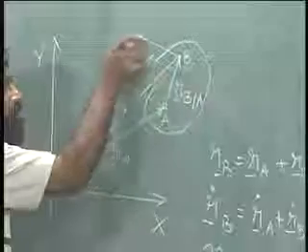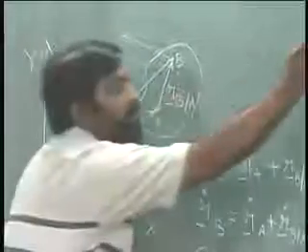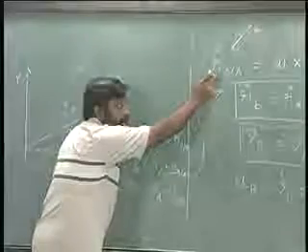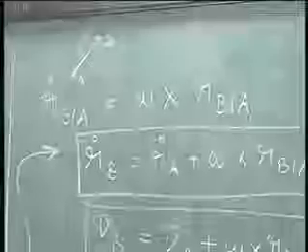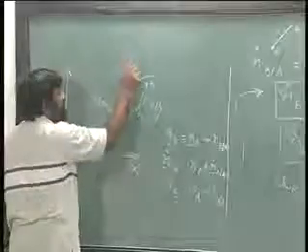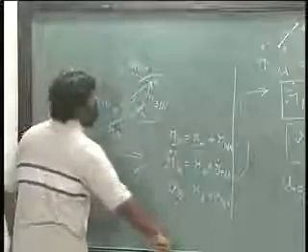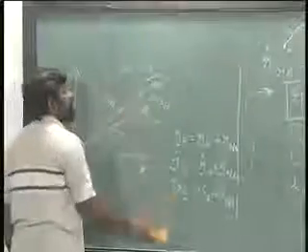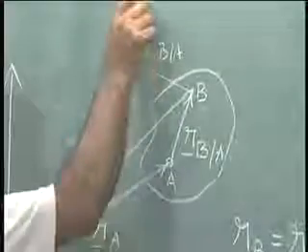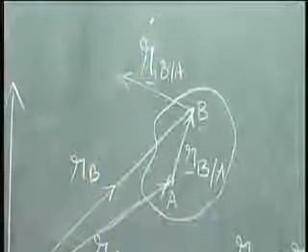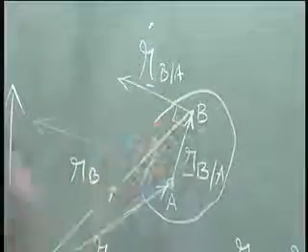So the direction of r dot B with respect to A is this. Okay, I am just showing the direction. Sorry to write this small, it is r. You agree with me? This is perpendicular.